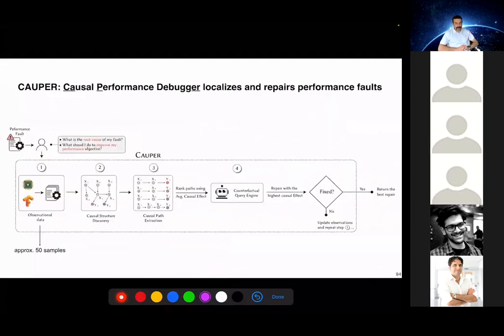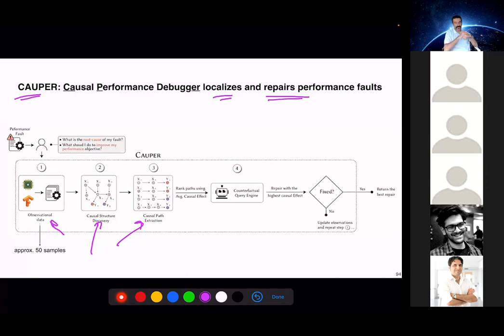So based on these intuitions, Rahul and Shahryar developed Cooper, which does two things. First, it localizes the performance faults. It gives you the root causes of these performance faults based on the causal structure that it discovered from the observational data, and also it finds automated repair for these performance faults.